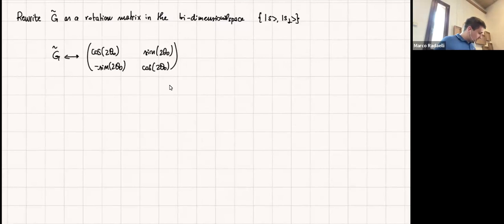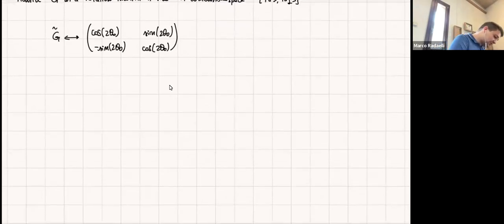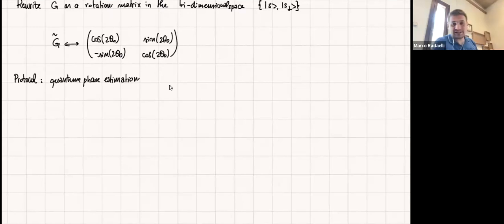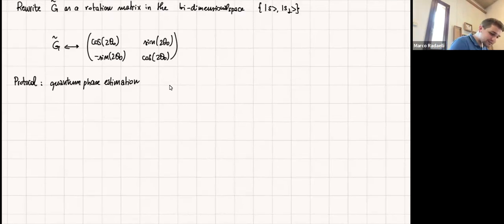Now what we are going to use is a protocol which is called quantum phase estimation. People say that it's not a full quantum algorithm in some sense because it doesn't work by itself. You need to use it together with something else, but it's not super relevant to us at this point. So what's the idea of quantum phase estimation? The idea is I have a unitary which depends on some parameter, and I want to be able to determine that parameter.